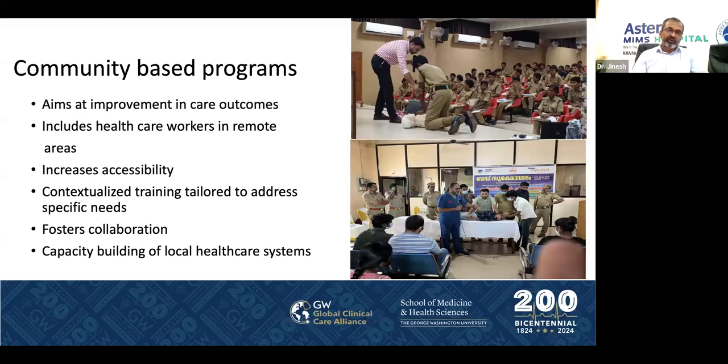And this also fosters a lot of collaboration with the outside agencies, including the police force, including the ambulance drivers, including the fire and security people. And this creates a lot of capacity building for the local healthcare systems as well. So there are many programs that are directly taken up by the Aster Institutes, like the Be First programs, which is an initiative to make lasting impact on the public health and safety.